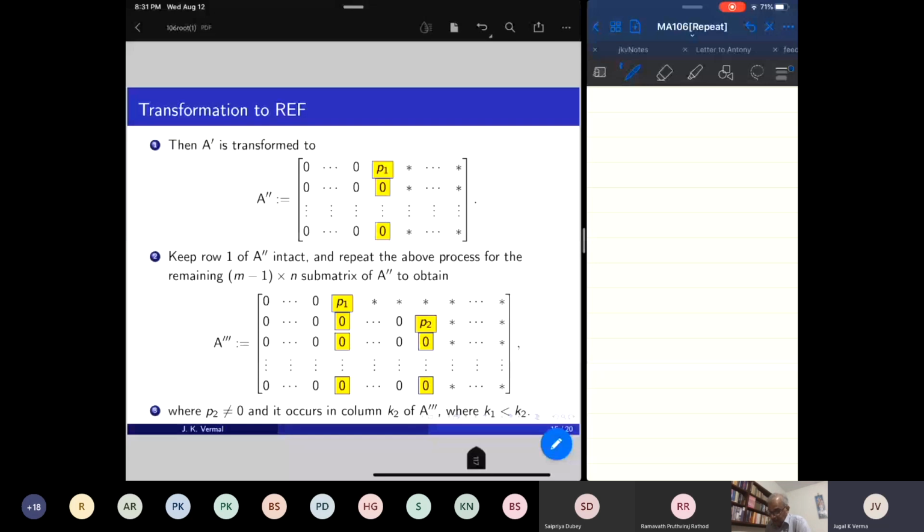So after locating my first pivot P1 and converting all entries below P1 into 0, I might encounter certain zero columns after that. We have to forget those, and we repeat the same procedure to locate the second pivot P2 and convert all the entries below P2 by elementary row operations into zeros, and keep doing this.